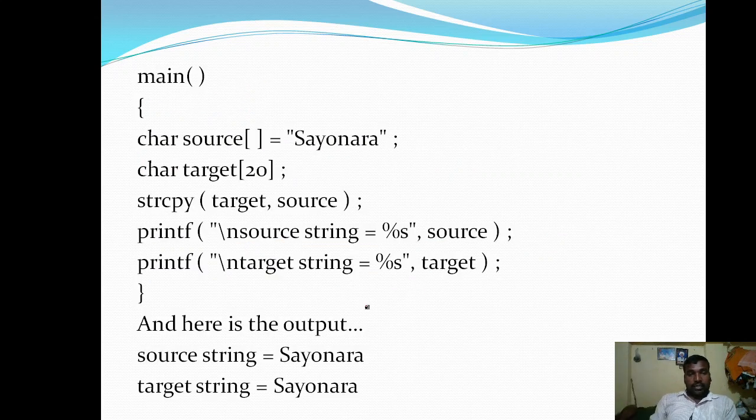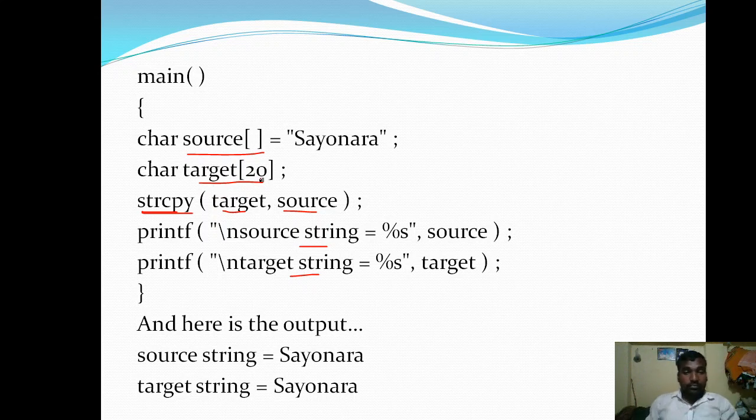Here source is an array of characters and target is also an array of characters. I am performing the strcpy function, copying from source to target. Then I am trying to print the source string as well as the target string.